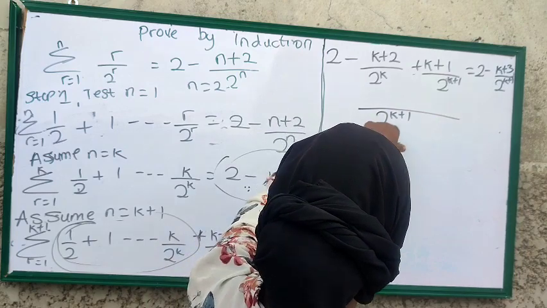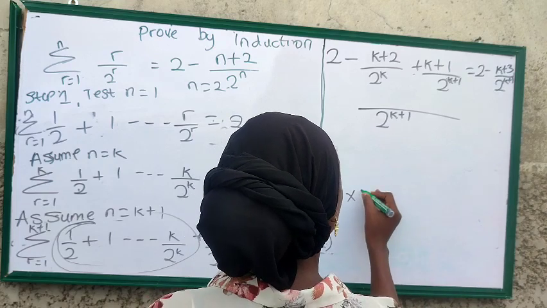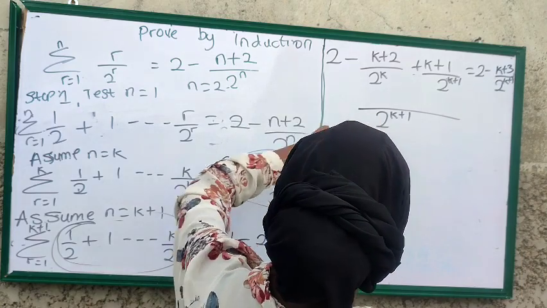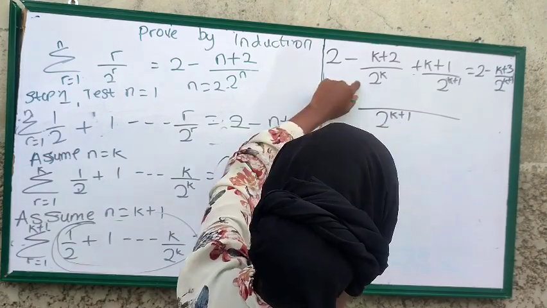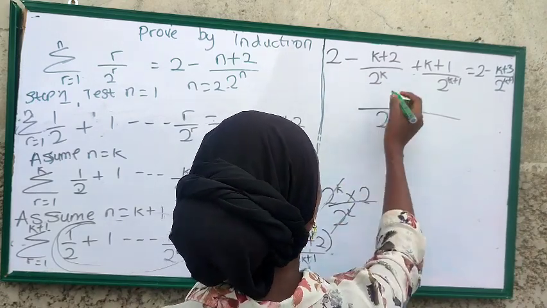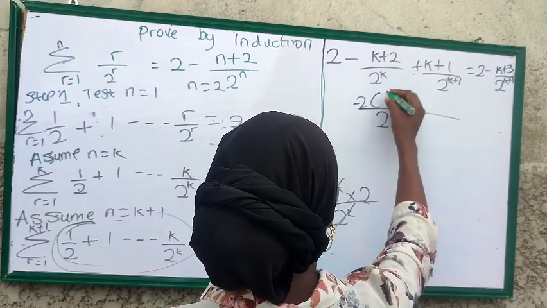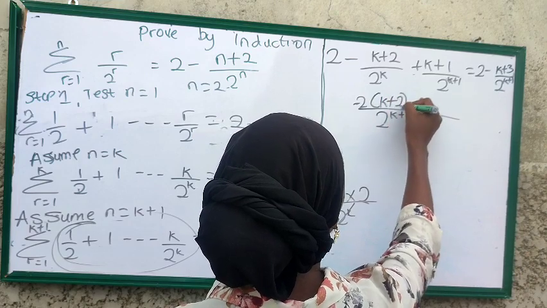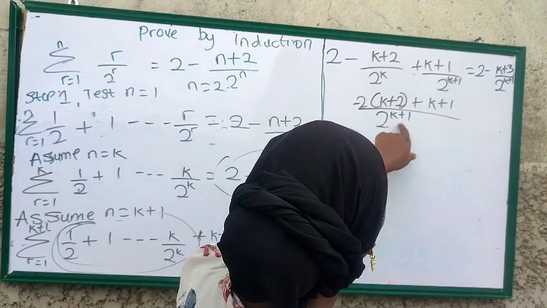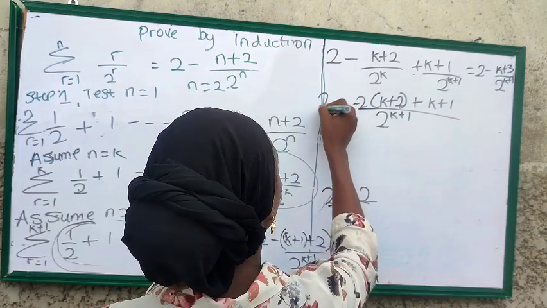Now 2 to the power of k plus 1 is the same thing as 2 to the power of k multiplied by 2, using the law of indices. So 2 to the power of k plus 1 divided by 2 to the power of k will give us 2, so 2 to the power of k cancels 2 to the power of k. This means 2, so that's 2 minus 2, because there is a minus here, minus 2 bracket (k plus 2), plus (k plus 1) over 2 to the power of k plus 1. We still have the 2 here.